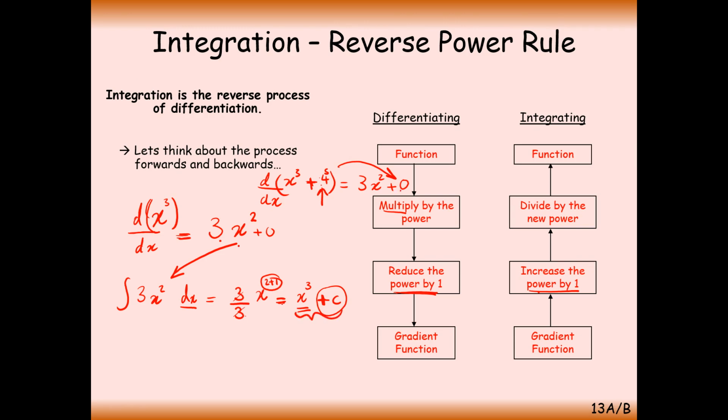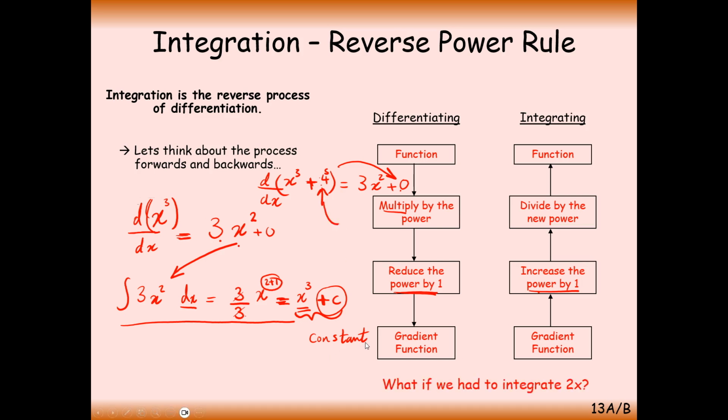Later on, when we have more information, we can figure out what the value of c was. But just remember that after integration, put a plus c for a constant. Constant means a value that doesn't have x in it. Okay, so that's the rule.